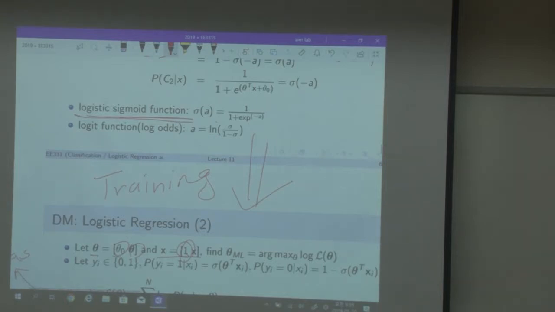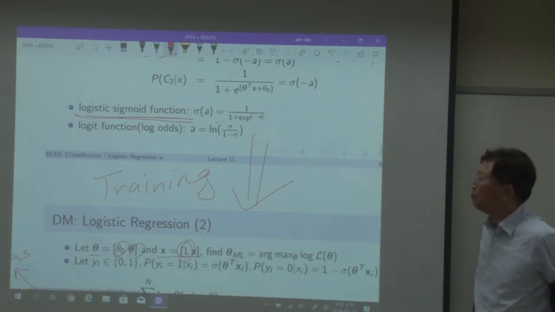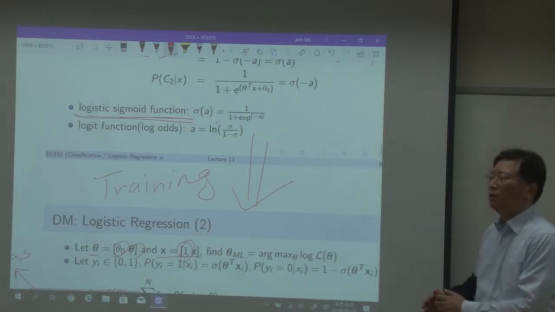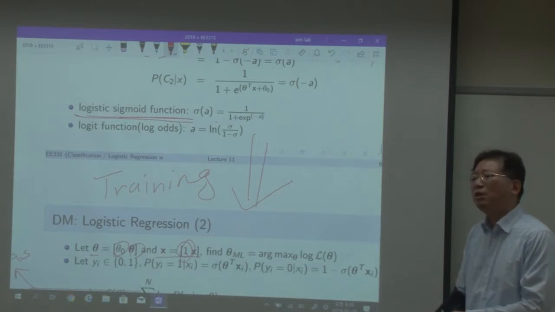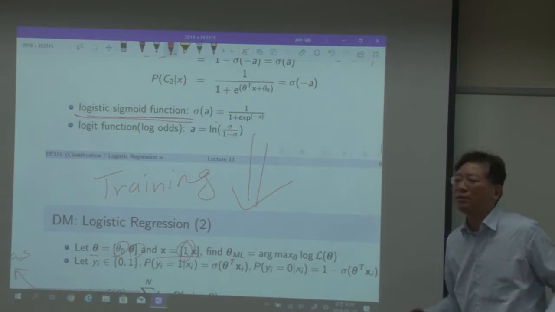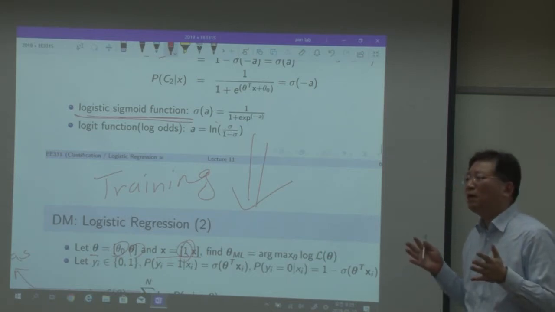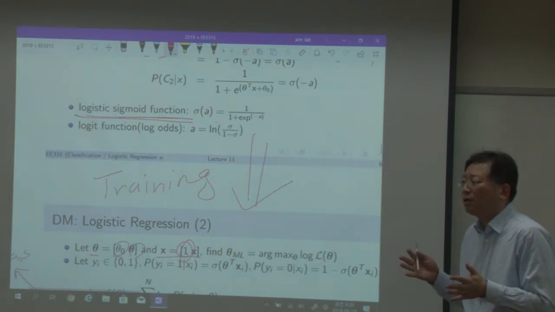How do you find your theta? In order to find your theta, you have to have a standard. You have to have some type of criteria to find your theta.